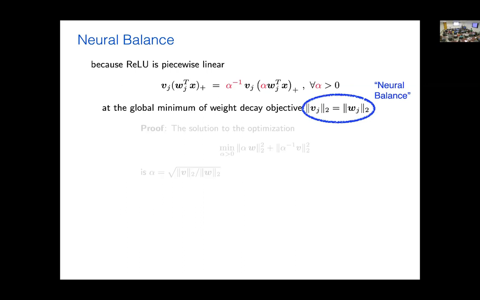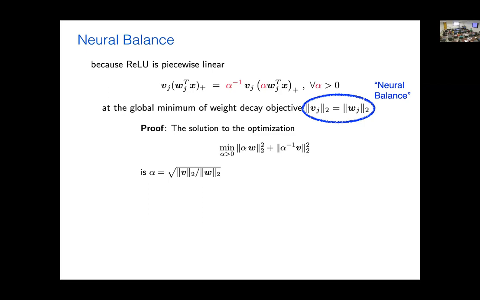It's a very easy kind of proof. First of all, the data fitting term is invariant to this scaling because the function itself is invariant. So the only thing that this scaling affects is the regularization term. And if you just think a little bit and look at where that regularization term would be minimized, there's a certain choice of alpha.